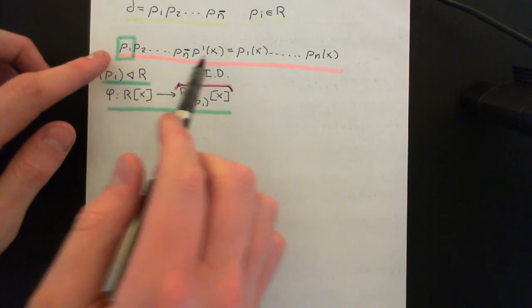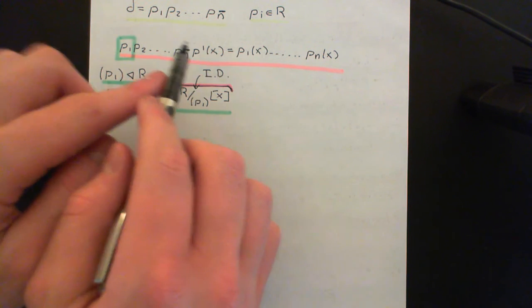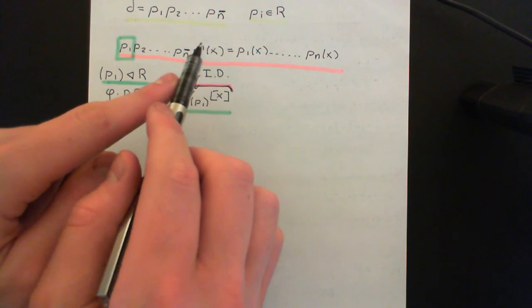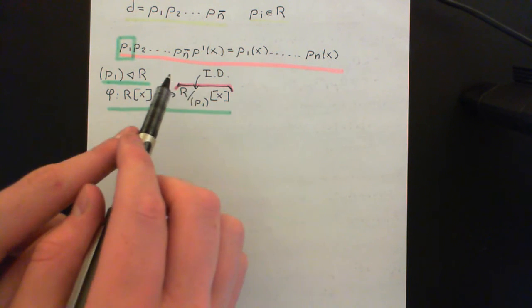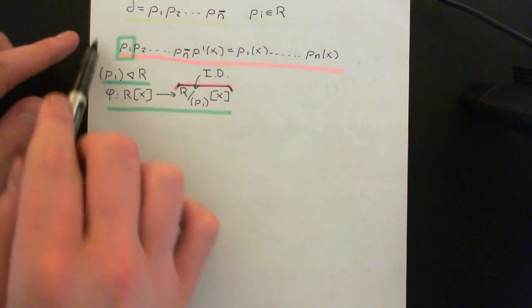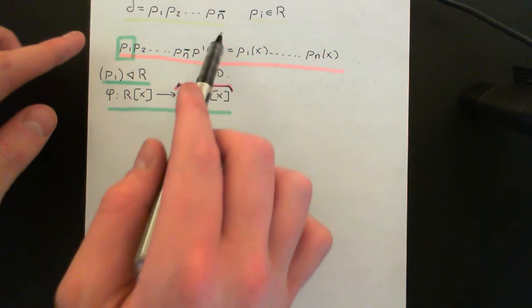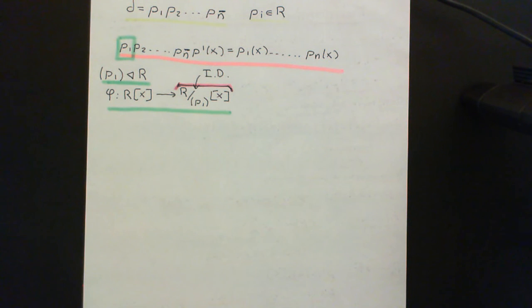Now, in this case, we've got a P1 out the front here. You could bring this into P prime of x, and that means that all your coefficients here are going to be multiples of P1. So all the coefficients of this polynomial on the left hand side are going to be multiples of P1 because there's that P1 right out the front.